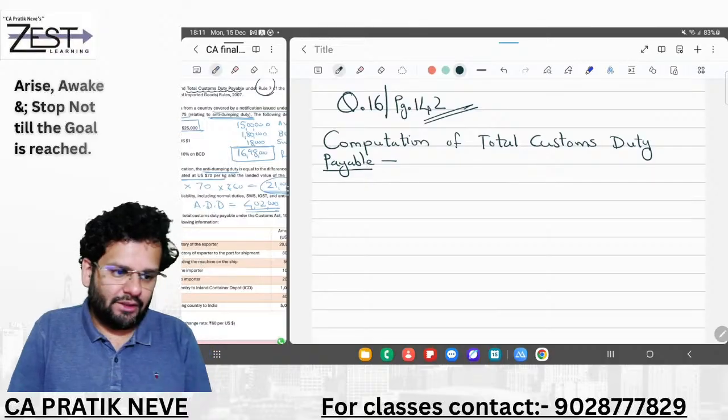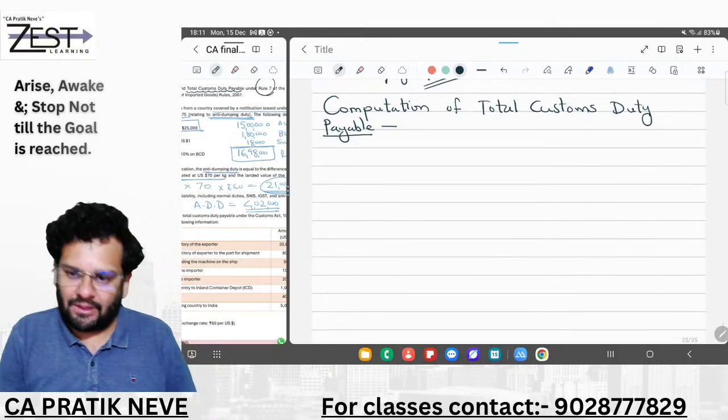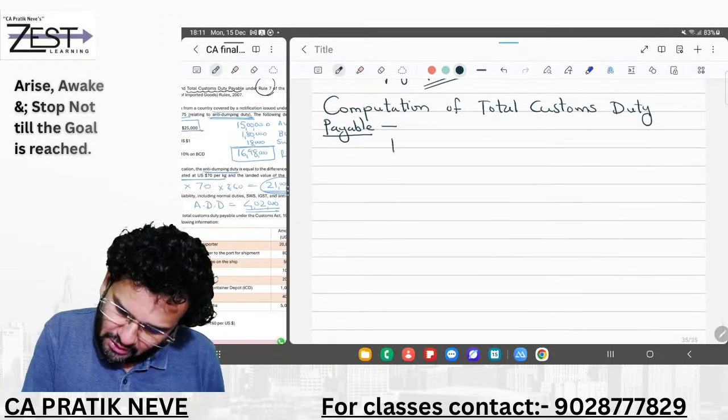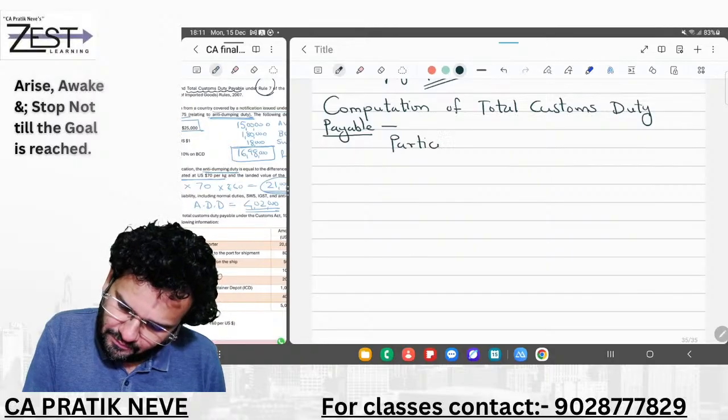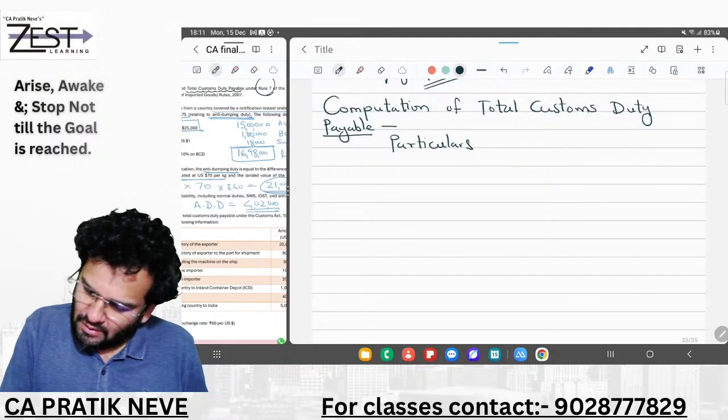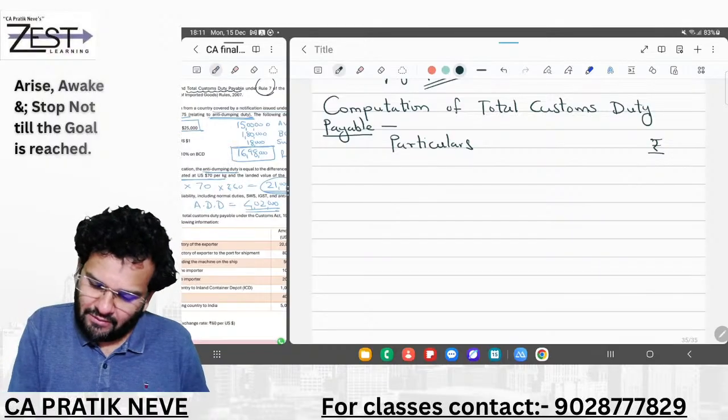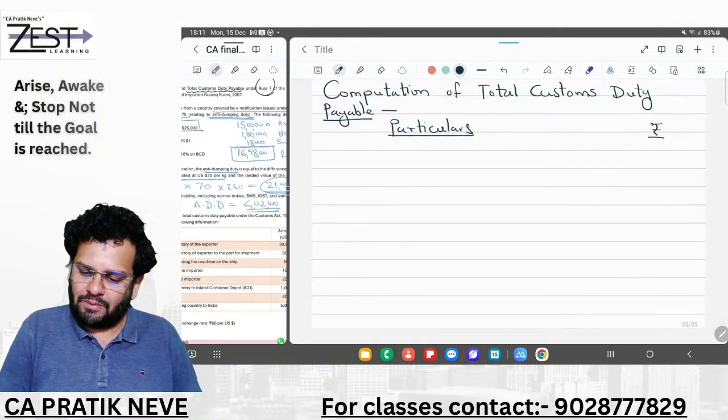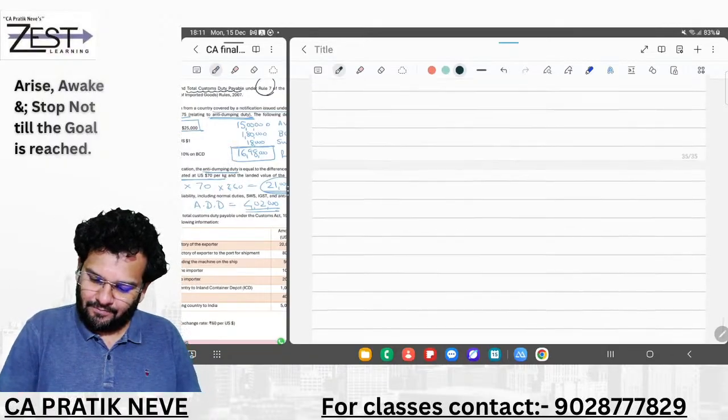So how to calculate it? When there is anti-dumping duty, I am going to do all particulars in rupees only. I will convert every figure into rupees and then take it.